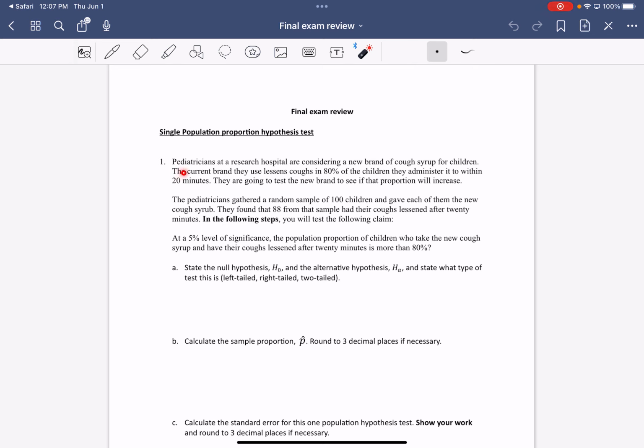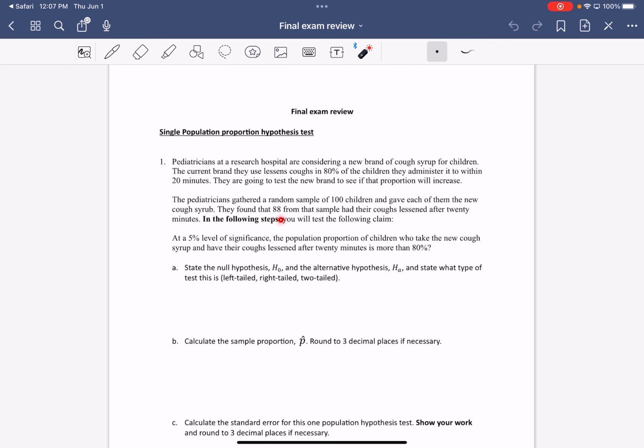So, pediatricians at a research hospital are considering a new brand of cough syrup for children. The current brand they use lessens coughs in 80% of children they administer it to within 20 minutes. They're going to test the new brand to see if that proportion will increase. The pediatricians gathered a random sample of 100 children and gave each of them the new cough syrup.